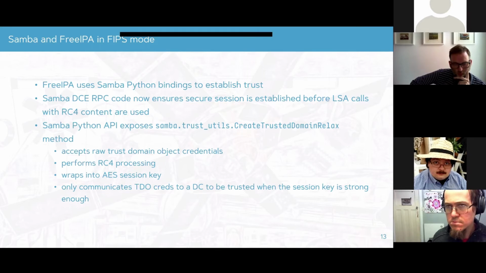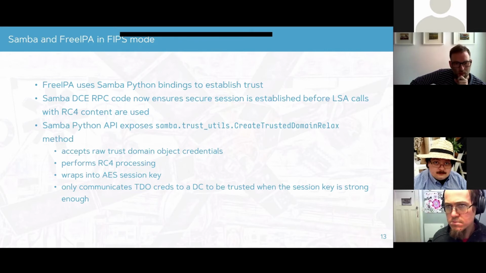So it's kind of a chicken and egg problem, because you're using Kerberos, but the DC doesn't know that this particular realm is trusted and cannot use it. So you have to use the credentials from the trusting domain to establish trust. It's something we still need to figure out if there's a possible solution to.